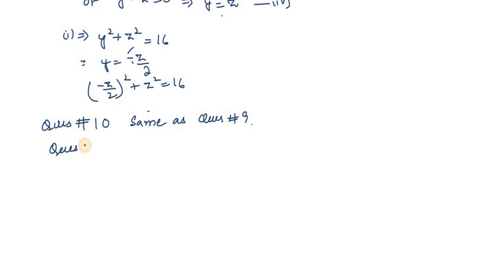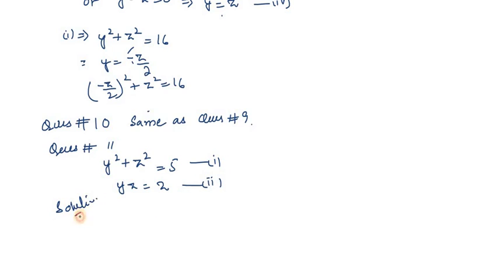Okay, question number 11. We are given one equation: number one is y square plus z square is equal to 5, and the other equation, number 2, is yz is equal to 2. We say equation number 1 and equation number 2, and the solution is: equation 2 implies yz is equal to 2.